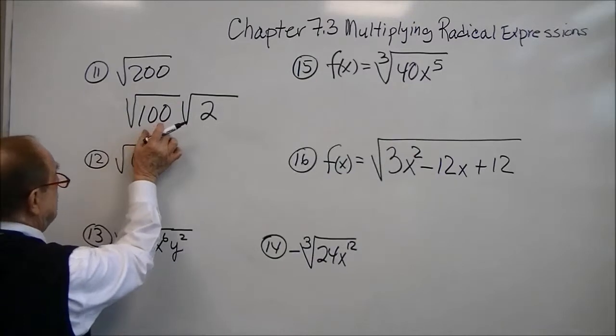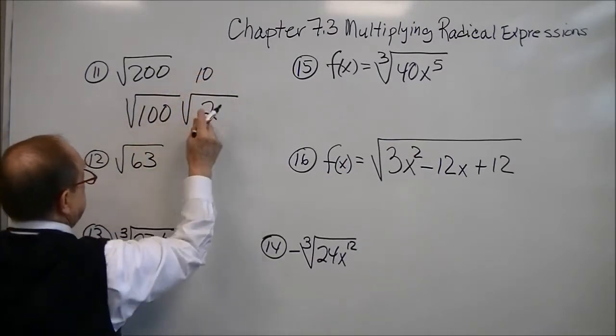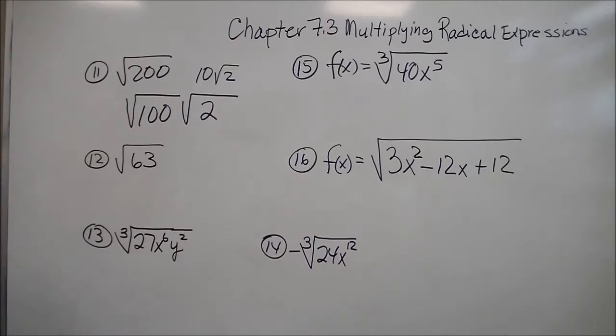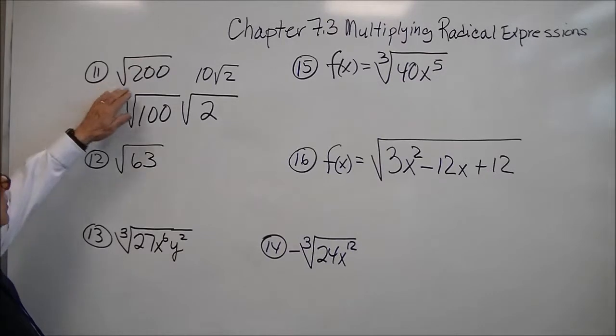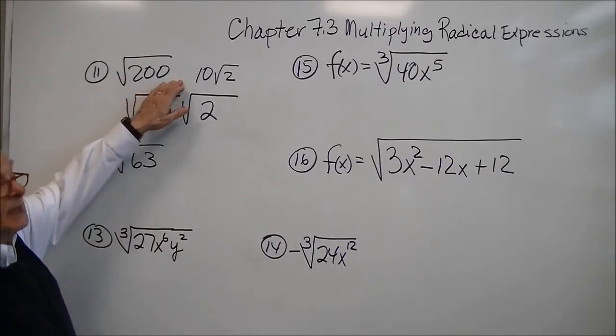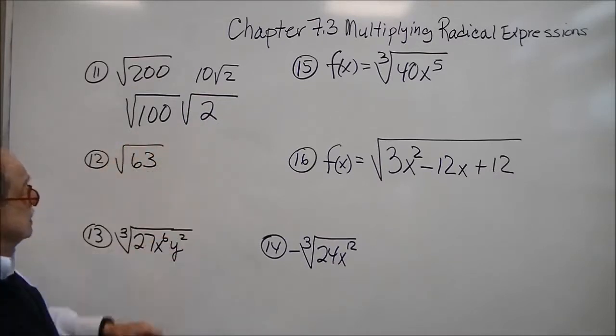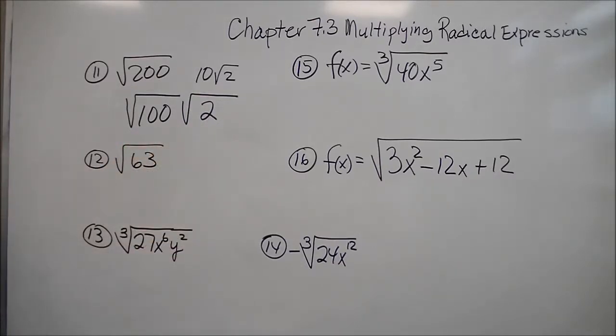Well, the square root of 100 is 10, and the square root of 2. Now, by the way, whenever you come into the square root of 200, it's always going to be simplified as 10 the square root of 2, and this is how it's done. Now, are there other ways to get there? Yes, but again, we don't want to confuse you. We'll work with one strategy.